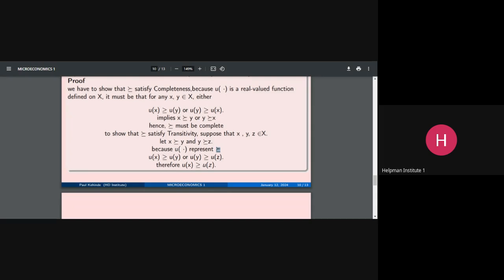Definitely, utility of x exceeds utility of z. So that is transitivity.